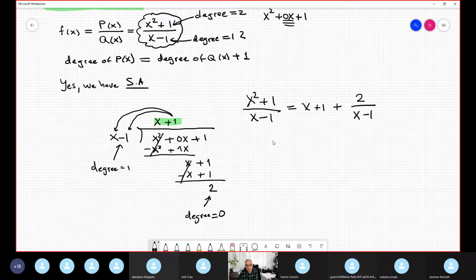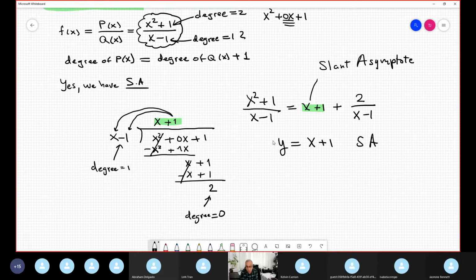Now these expressions are completely equivalent. However, I can see clear like water that this part represents the slant asymptote. So in conclusion, y equals x plus 1 represents our slant asymptote.